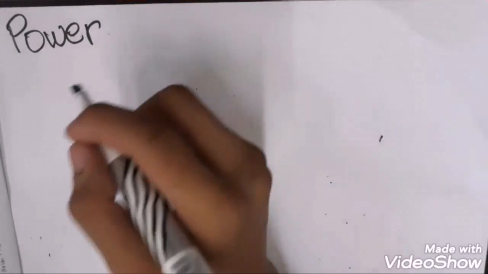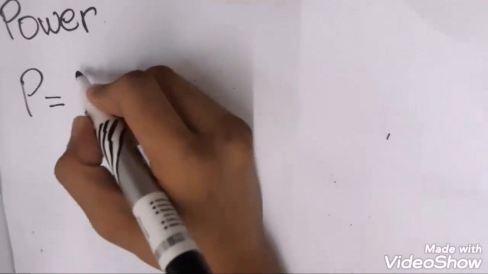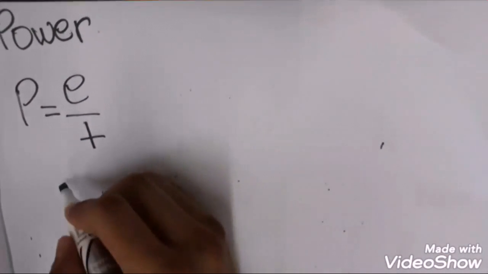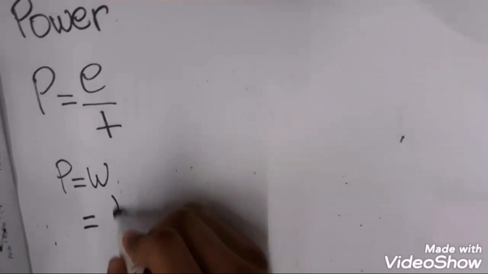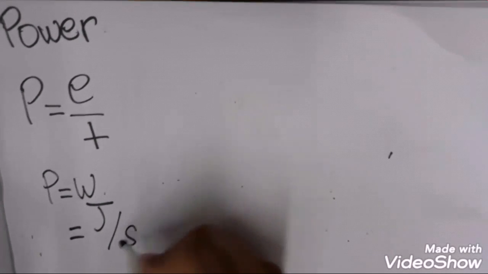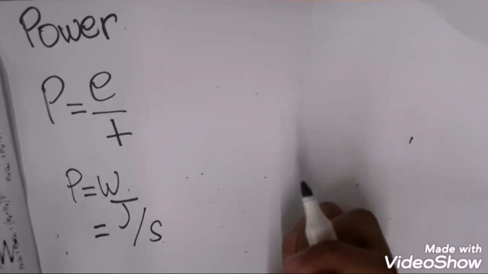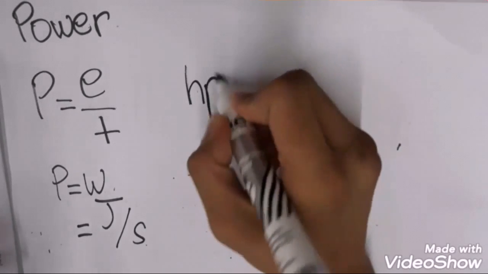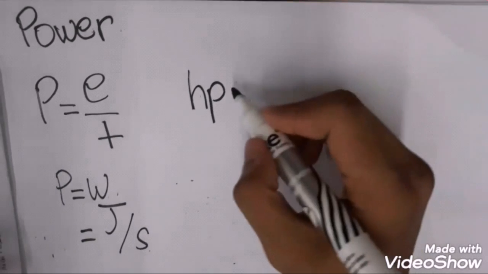Power is measured in energy divided by time. The SI unit of power is the watt, or joules per second. Power is a scalar quantity. It has no direction. Horsepower is often used to describe the power delivered by a machine.